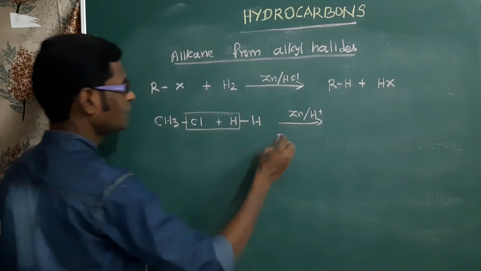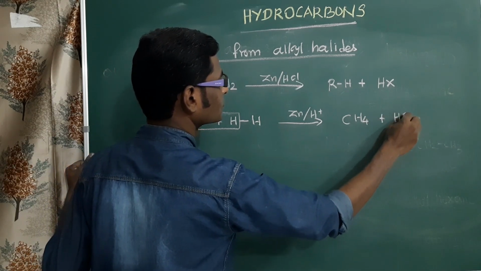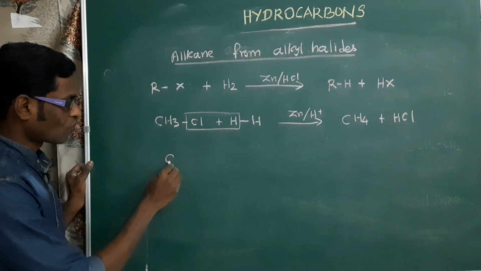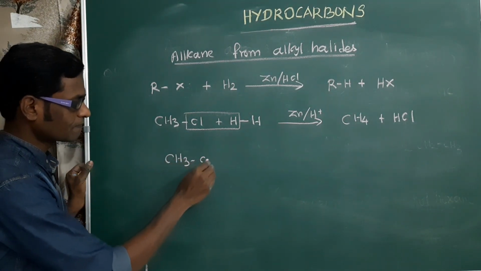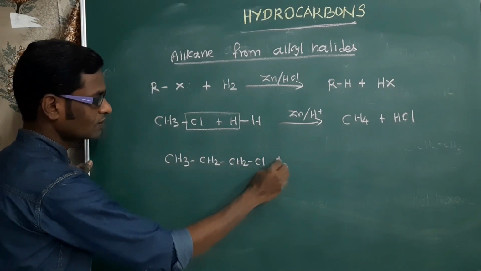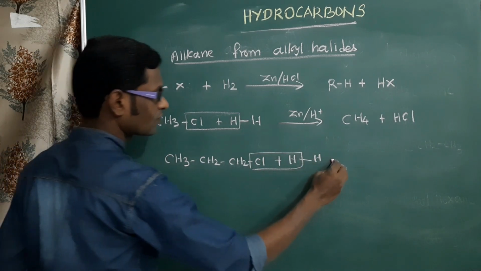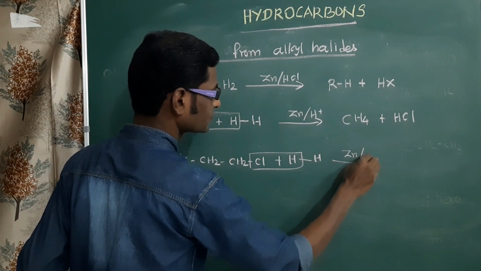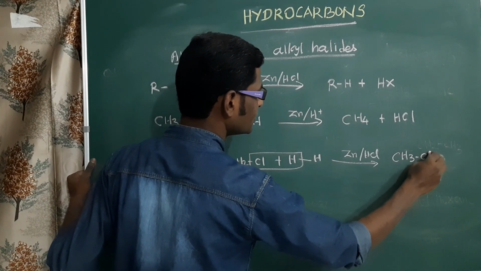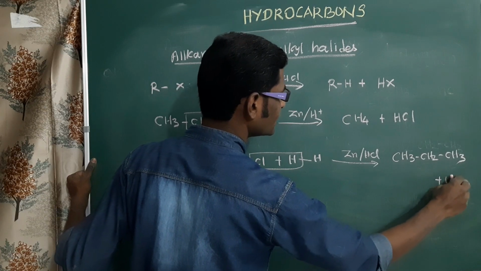We will get methane and hydrochloric acid. 1-chloropropane to propane: CH3CH2CH2Cl treated with hydrogen in the presence of zinc and hydrochloric acid. We will get propane and hydrochloric acid: CH3CH2CH3 plus HCl.